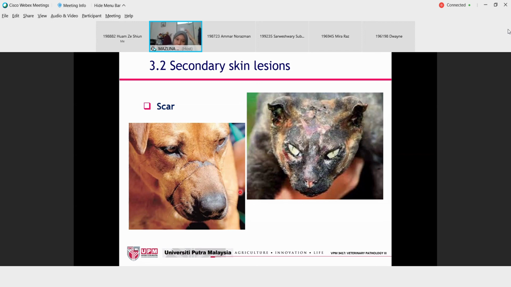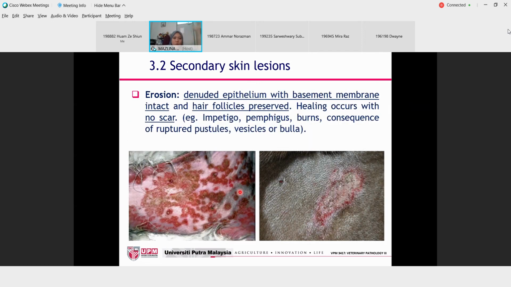Next, we have erosion. Erosion is actually denuded epithelium with the basement membrane still intact. Okay, and hair follicles are still preserved. So healing can occur very well without scar formation. This is very typical in cases of impetigo, pemphigus, even burns.